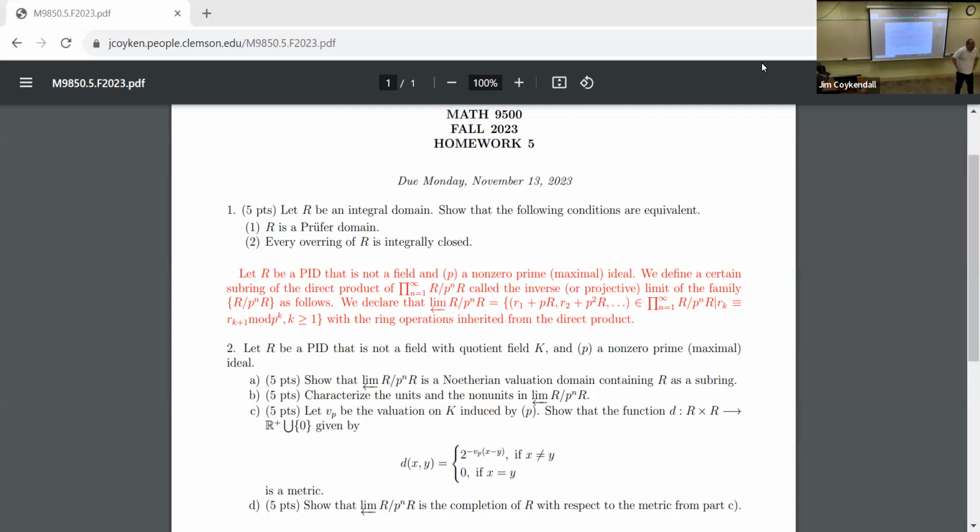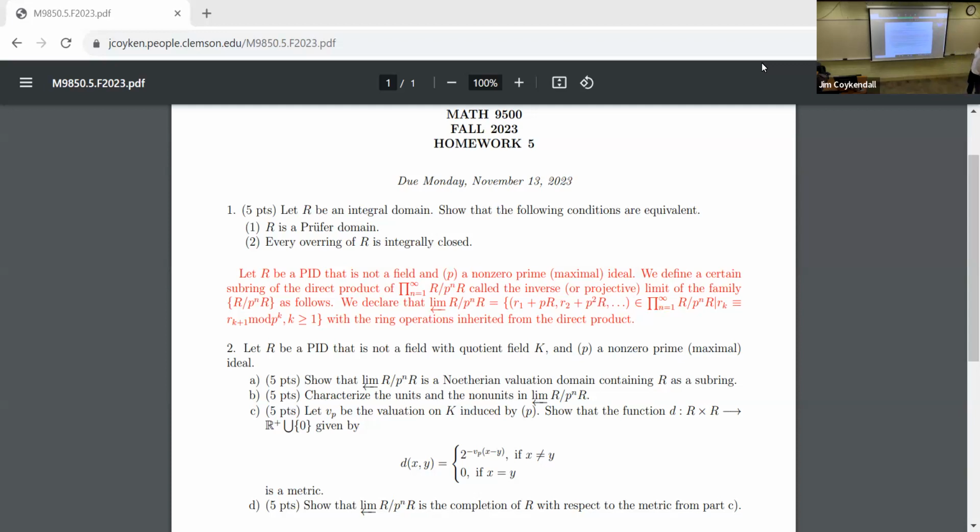One thing you might find interesting is that if you look at the direct product of Z mod 2, Z mod 4, Z mod 8, Z mod 16, all of these component rings have finite characteristic. However, this subring of the direct product must be characteristic 0 because it has to contain Z as a subring.